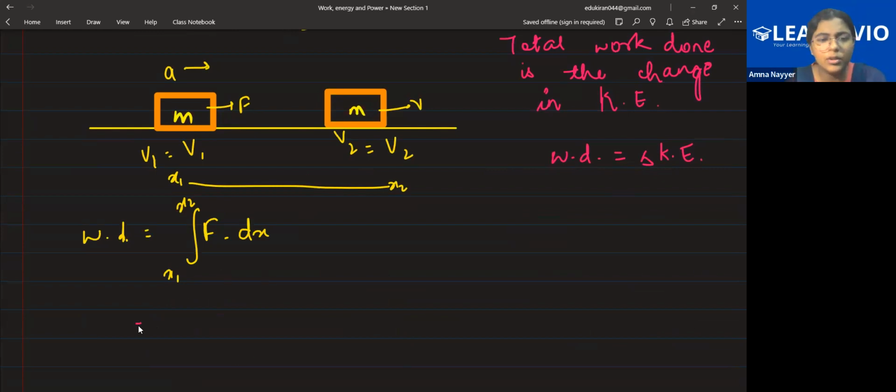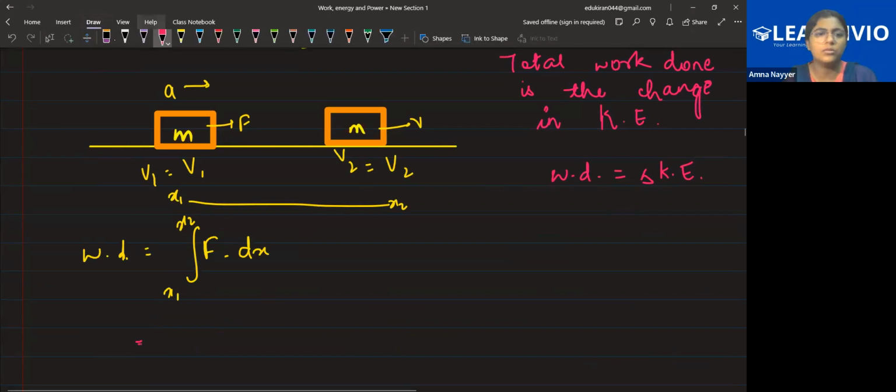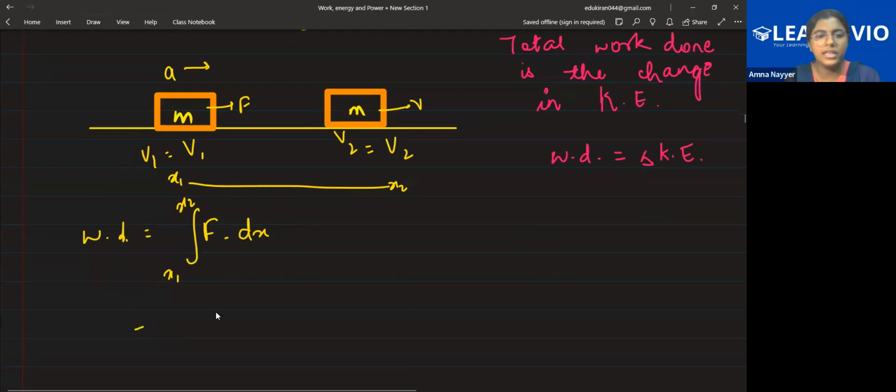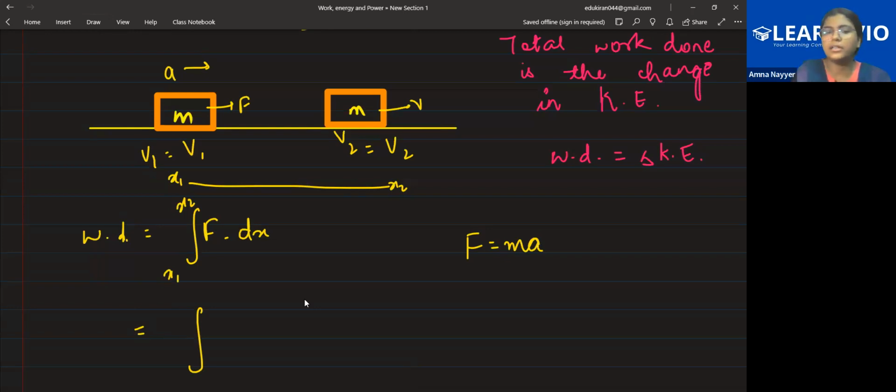You know F is equal to ma, so straight away we'll substitute ma here. So this is equal to the integral from x1 to x2 of ma dot dx, right?